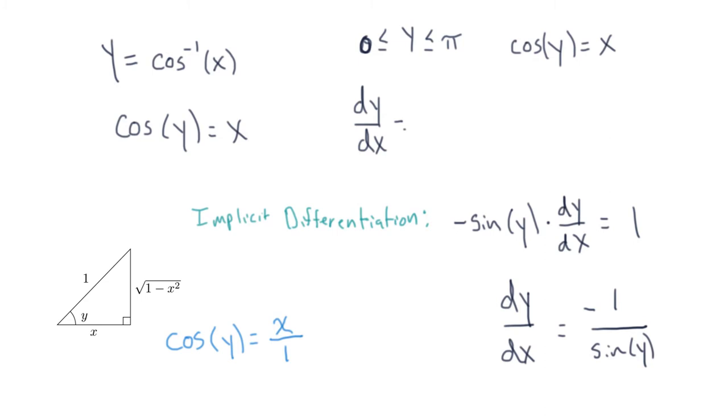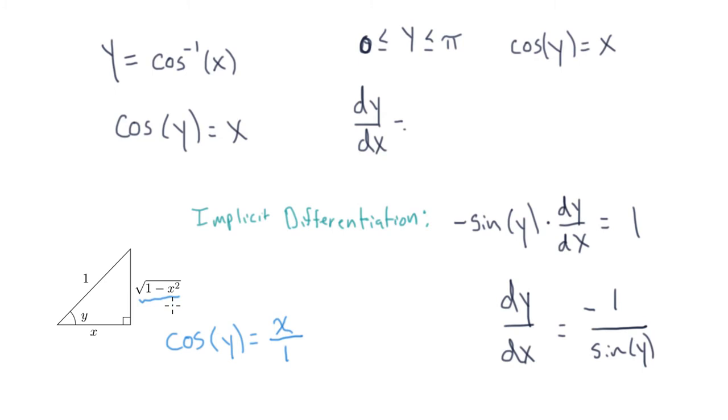I'm just using that trigonometric ratio. Cosine should be the adjacent side over the hypotenuse. So if I have a triangle with the adjacent side x and the hypotenuse 1, then I can use the Pythagorean theorem to determine what the opposite side is.